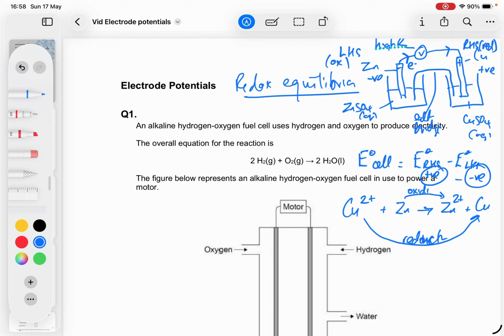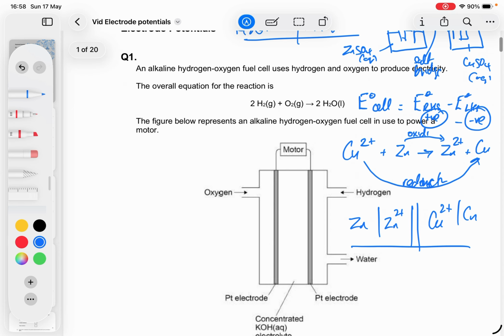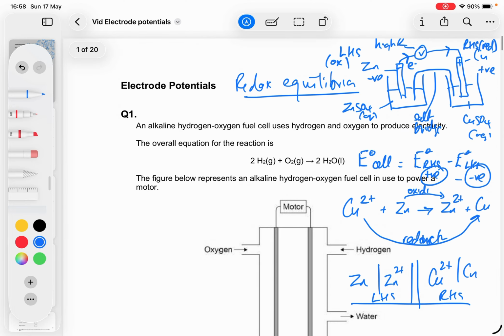Itself, it gets oxidized. And then if you were to do a cell convention, a double line to show your salt bridge, a solid line to separate your physical states, that now is your cell convention of the reaction that's happening. Right hand side, left hand side, and that's it.